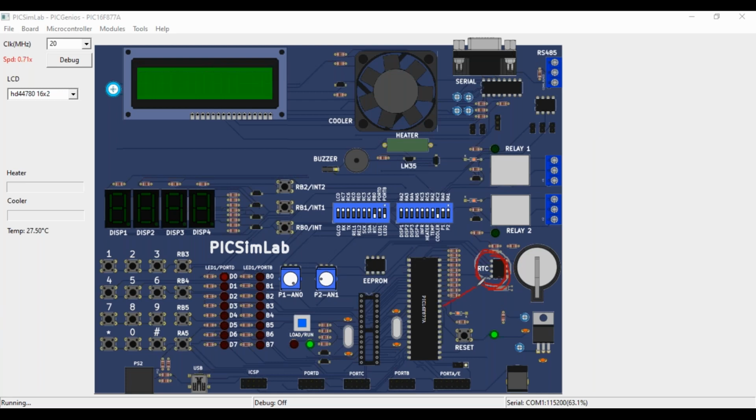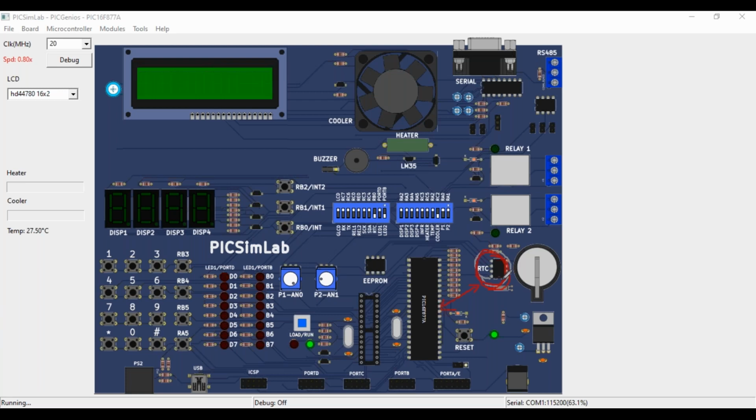Now you want to establish the communication between the microcontroller and the RTC. So I have to communicate between the PIC16F877A microcontroller and the RTC, which are available on our board.